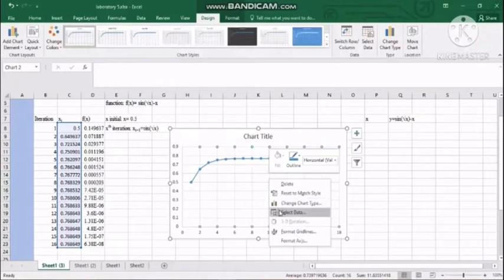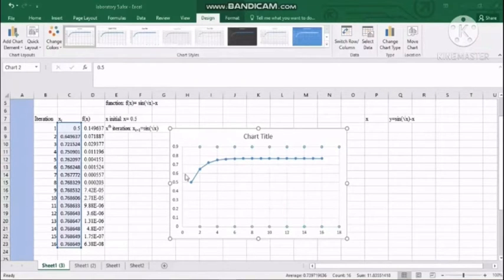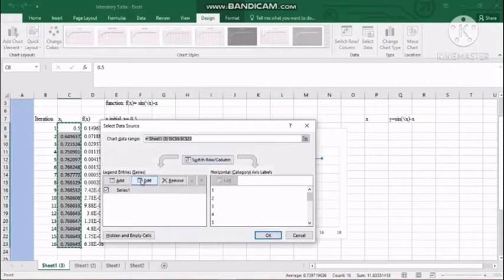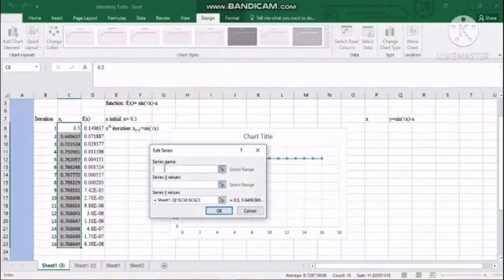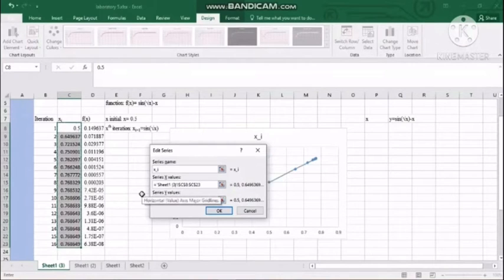Now right click and select data. Edit the series name, change it to xi. Next is to click the x values, and for the series of y, we will use the value of f(x).